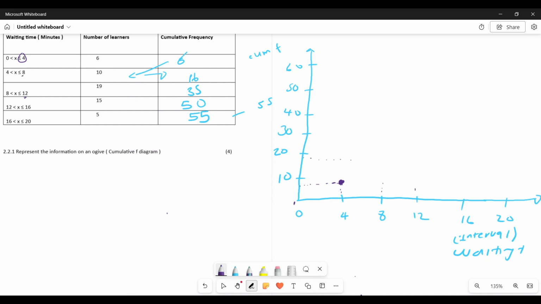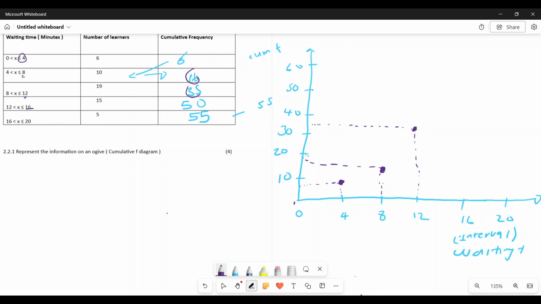And for the second interval of 4 to 8, my 16, I'm going to plot it at 8. So 16 is somewhere here. For the third interval, the 35, I'm going to plot it at 12. So my 35 is somewhere here. For the 12 to 16 interval, the 50, I'm going to plot it at 16.